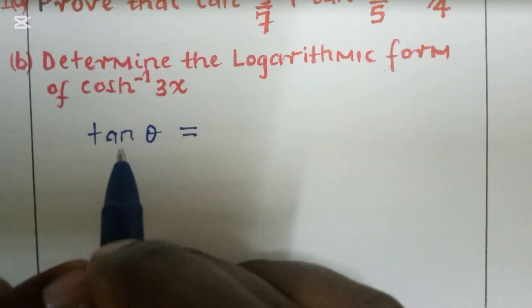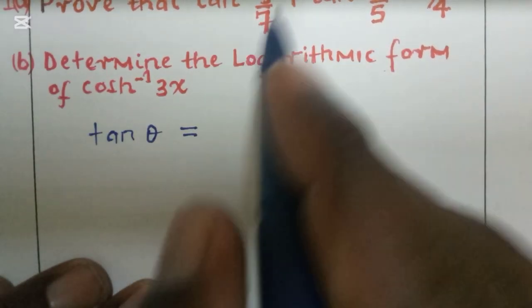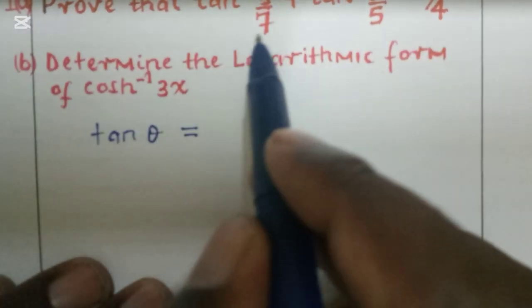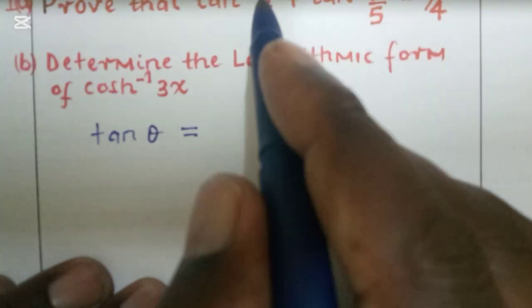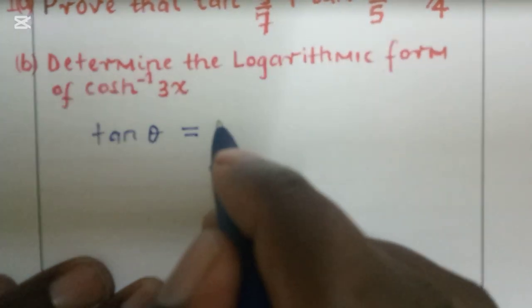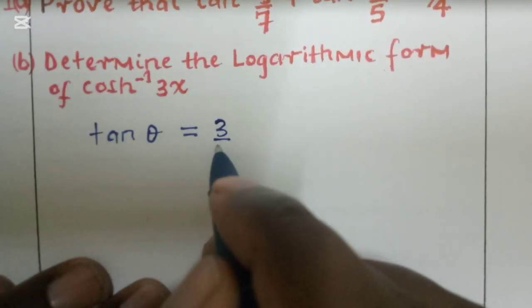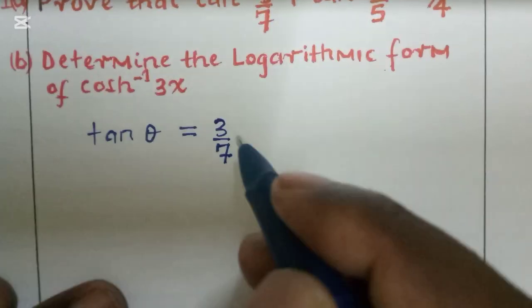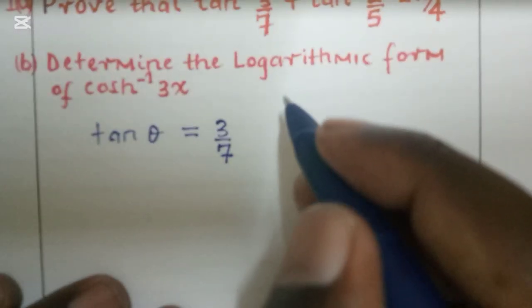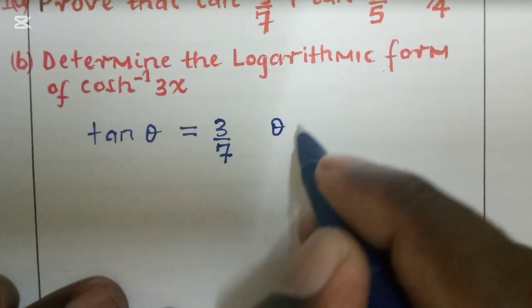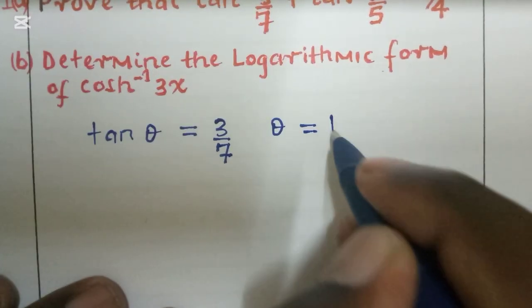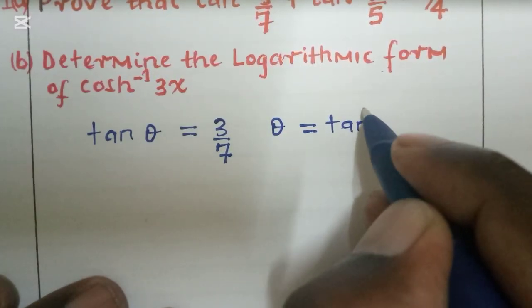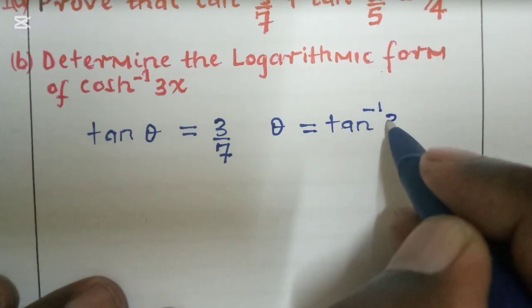Using the first term, we can say tan theta is 3 over 7, so theta is equal to tan inverse 3 over 7.